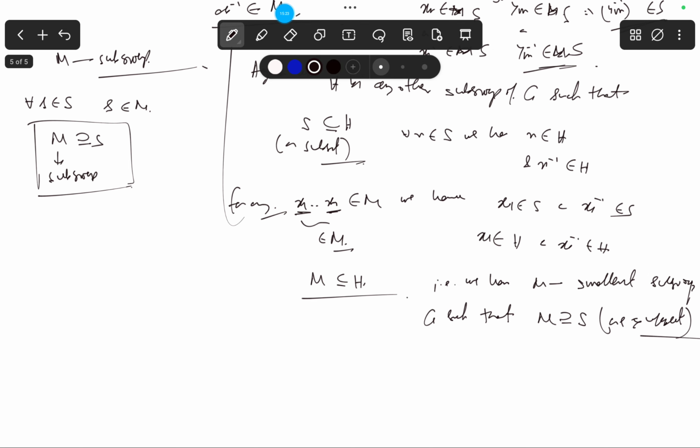Hence M is nothing but the subgroup generated by S.